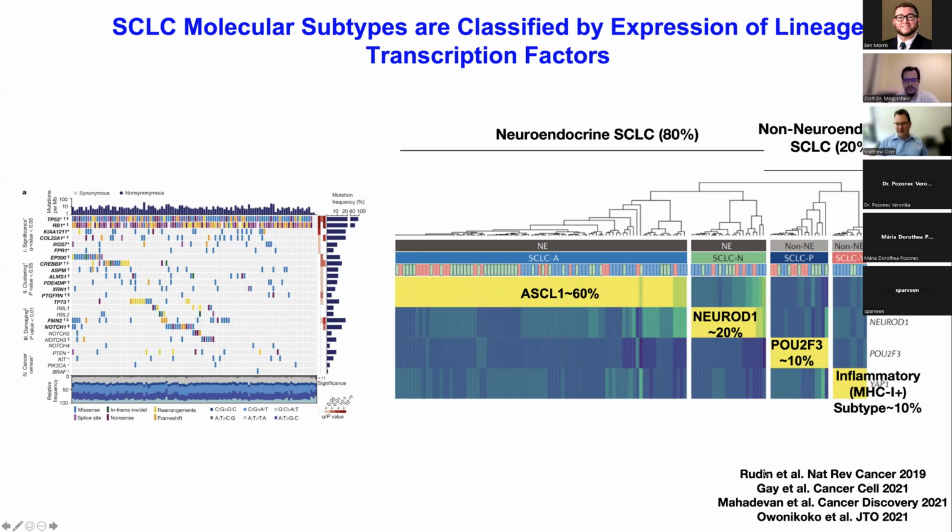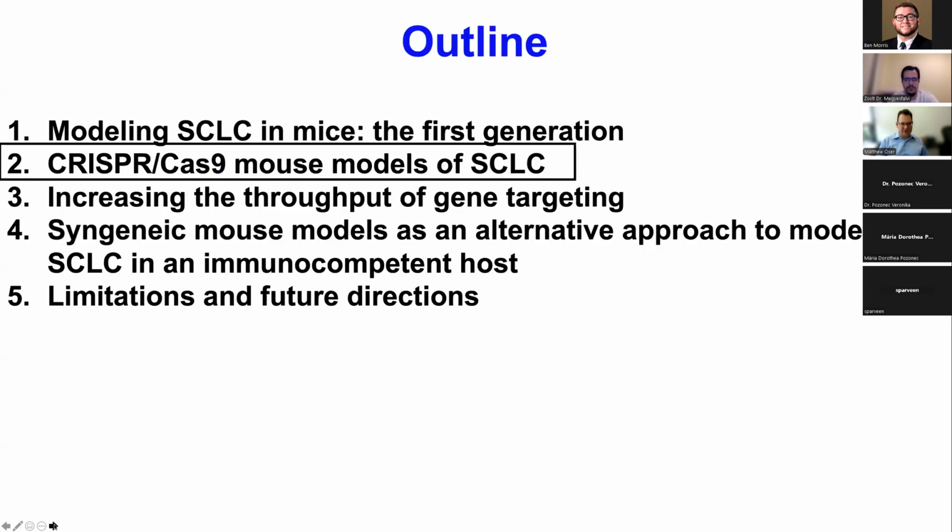And Charlie Rudin and Marina Baine have shown this by IHC as well in human tumors. And then, as you'll appreciate, I mentioned the MYC transgenic models model the NeuroD1 subtype with some non-neuroendocrine evolution, but we really don't have a good model for these other two subtypes at all, POU2F3 and the inflamed subtype. So these are also just open questions.